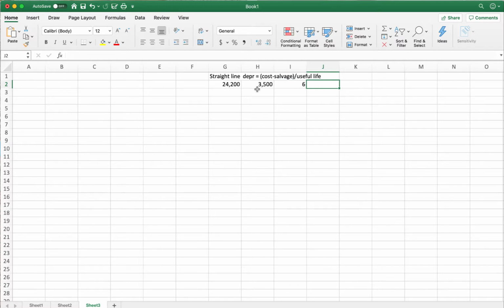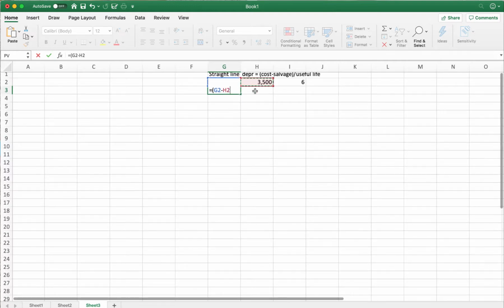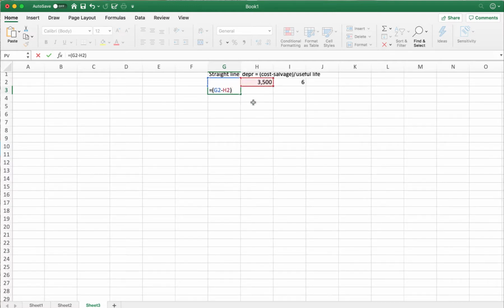So we can figure out what straight line depreciation is right here. I'm just going to say equals, open parentheses, my cost minus my salvage value, close parentheses, and I'm going to divide by 6 years.